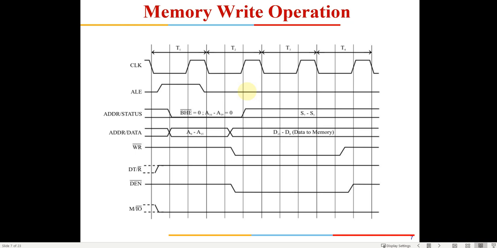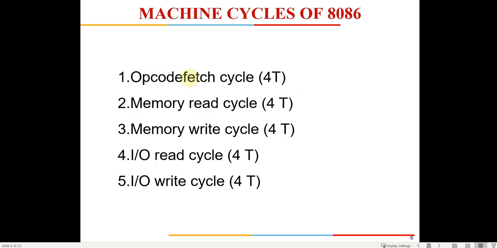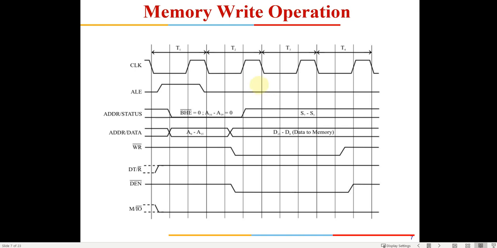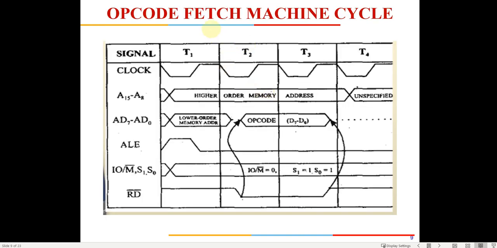So there is a pipeline structure. That operation of bringing the code which is written in the memory into the bus interface unit, the BIU, where it is decoded, is known as opcode fetch. Okay. So I think this is the slide for it.